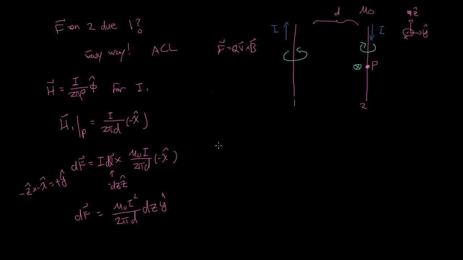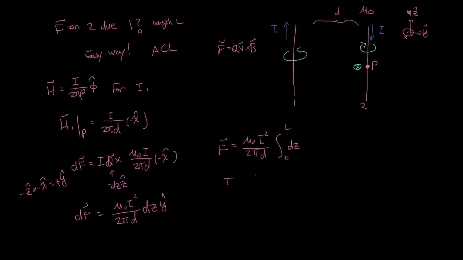So now we can integrate both sides, and we get that F is going to be equal to mu naught I squared over 2 pi d, integrate across this length. I didn't specify, but let's just say the force due to a line of length L. We'll just integrate from z equals 0 to L dz.